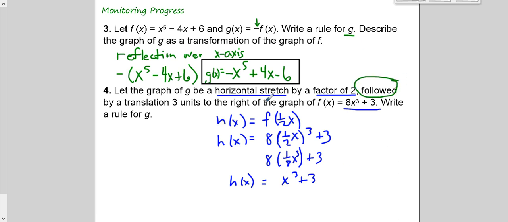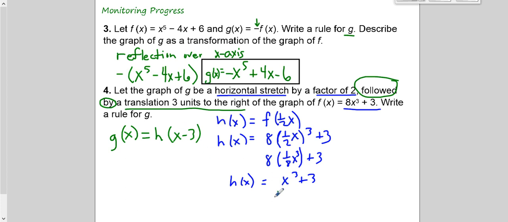Now followed by a translation 3 units to the right. So our g of x is going to take our h of x and move it 3 units to the right. 3 units to the right goes just to the x, and it's subtraction in the house, opposite of what you would think. It's always something tricky about the x's.